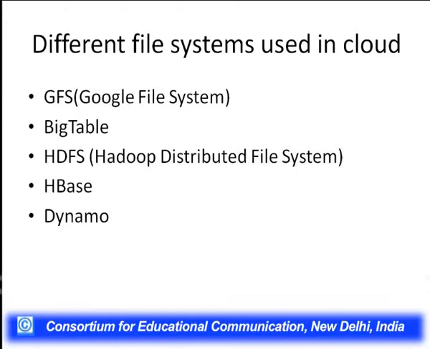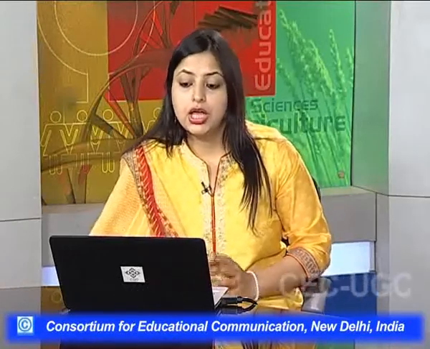Then we have Bigtable, which is based on Google file system. Then we have Hadoop distributed file system. Apart from this, we have HBase and Dynamo. In today's lecture, we'll be looking at Google file system and Bigtable. In the next lecture, we'll be covering the next three file systems. So what is a Google file system?